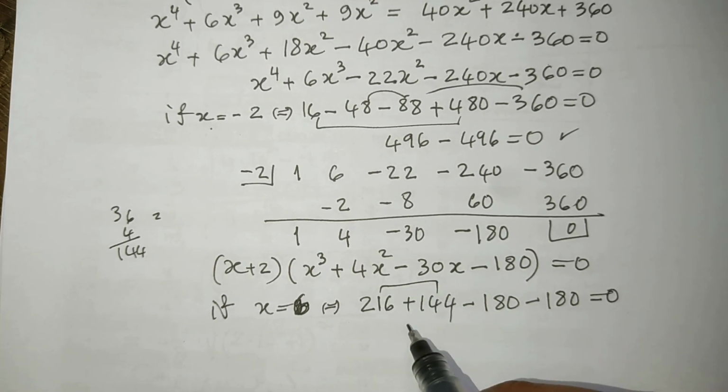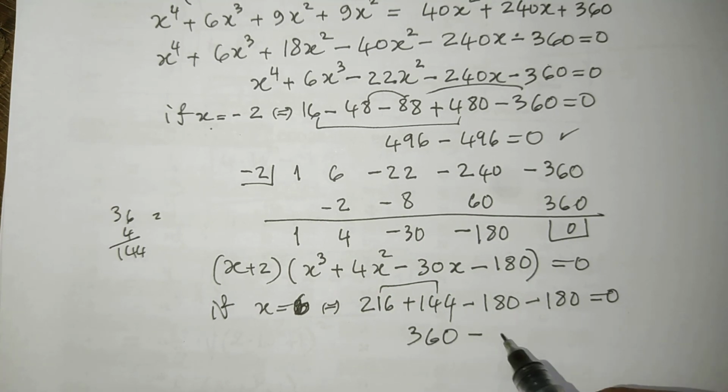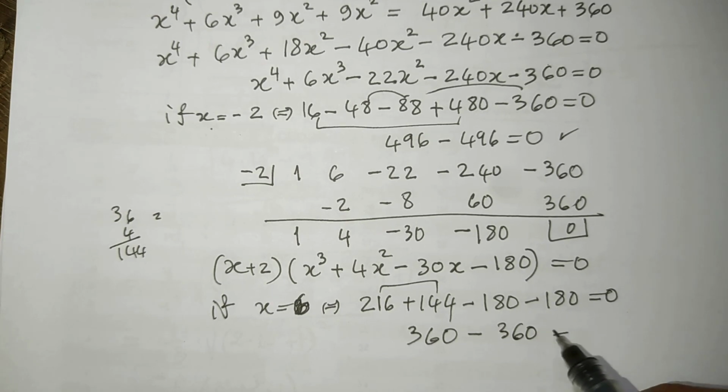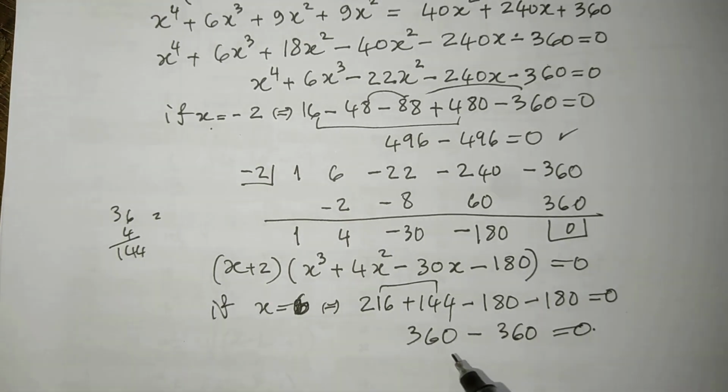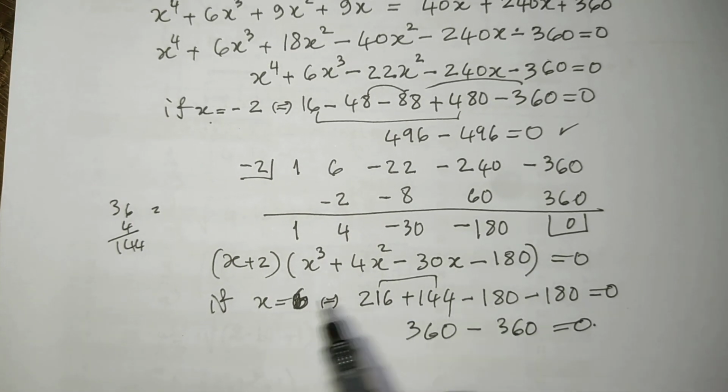We get 360 minus 360 equals 0. And also now x minus 6 is one factor of this equation.